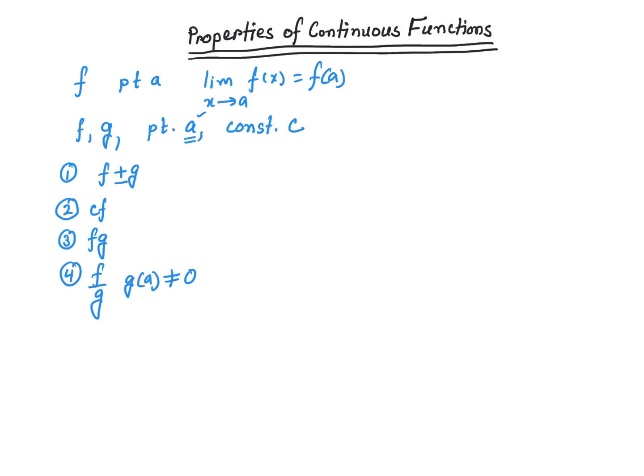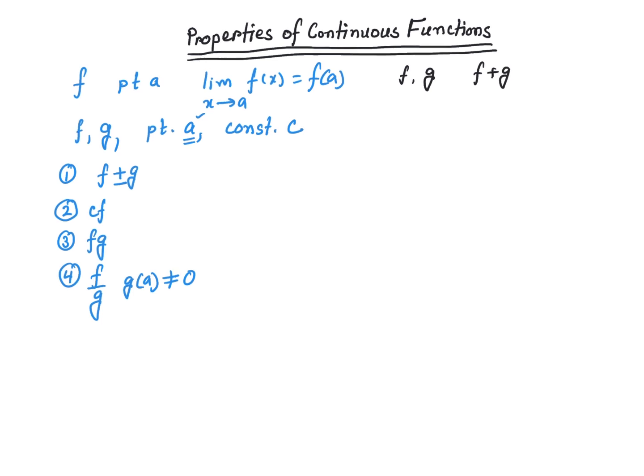Let's prove that if f and g are continuous at a point, so is f plus g. All right, let's use the definition of continuity. What does it mean for the function f plus g to be continuous at a point A?